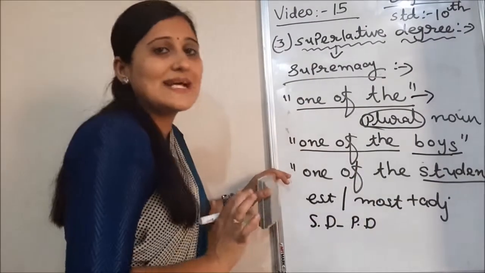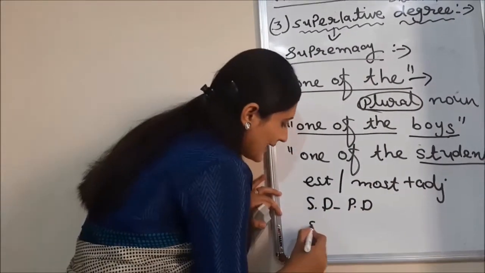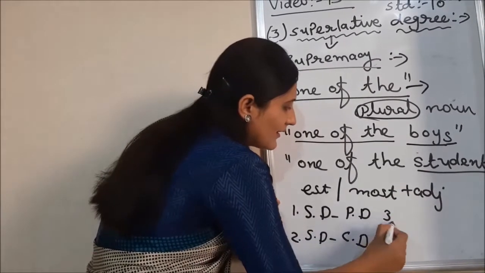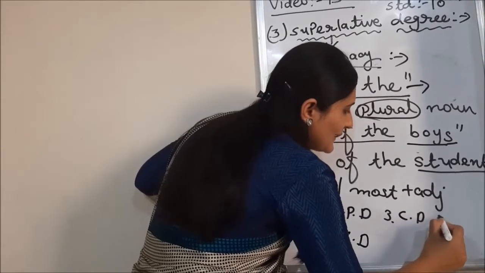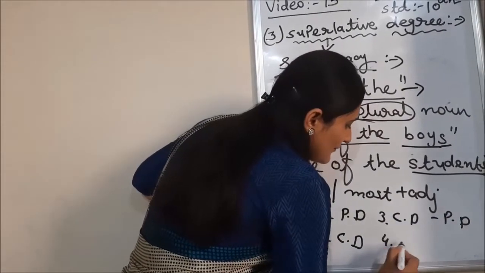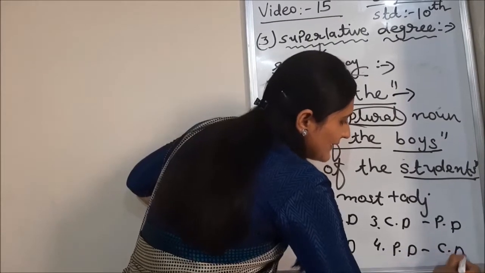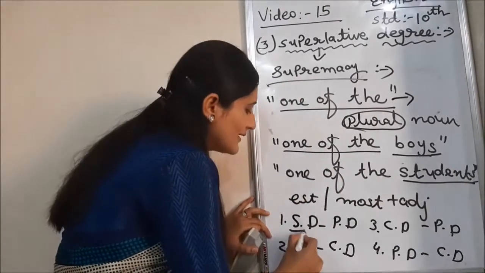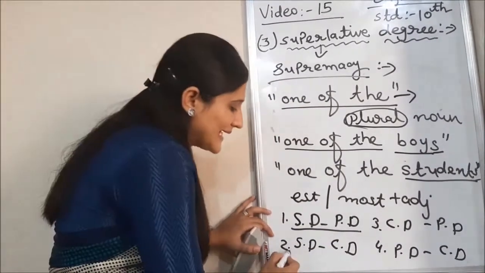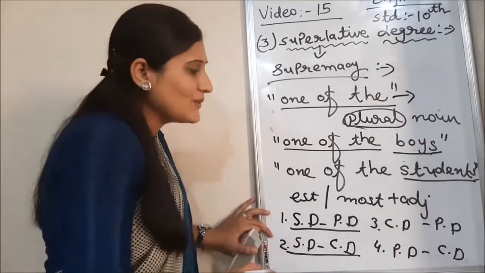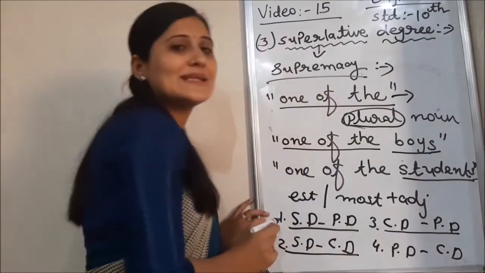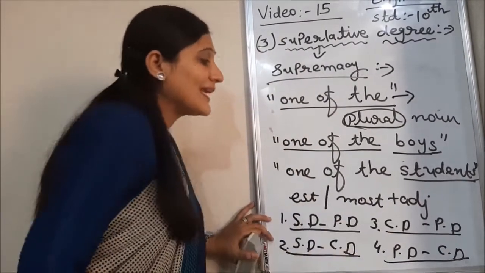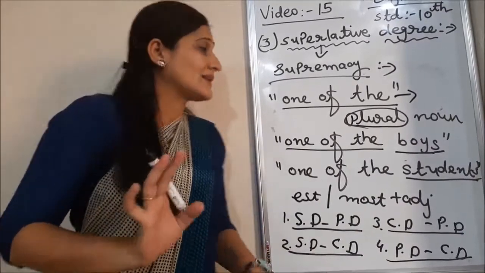See, 4 methods are there: SD to PD and SD to CD, this is first and second. Third, from CD to PD, and from PD to CD. These 4 methods can be asked in the exam. First, superlative into positive. Second, superlative into comparative. Third, comparative into positive. And fourth, positive into comparative. These 4 ways can be asked in the exam, right?